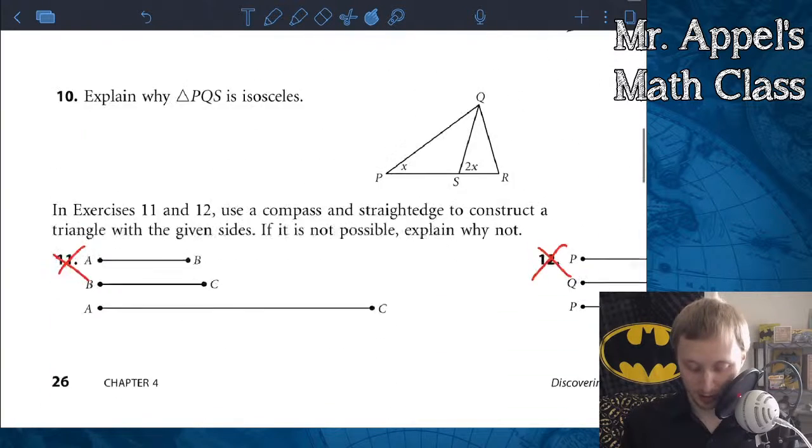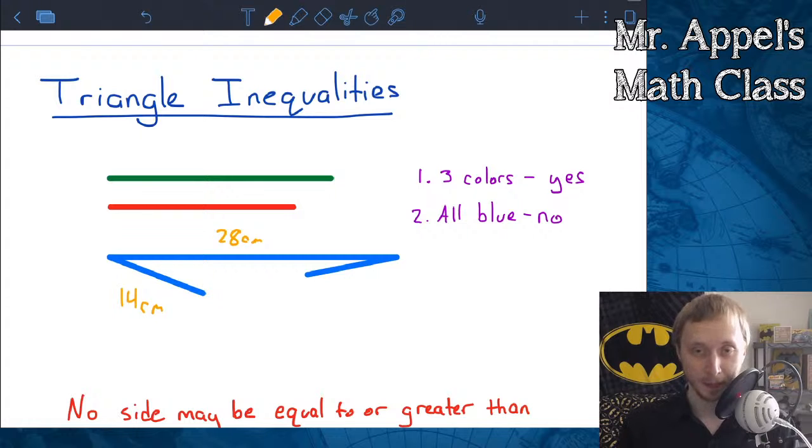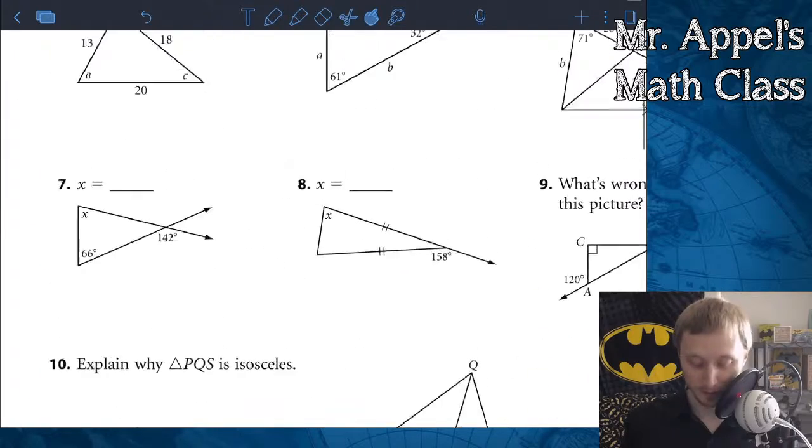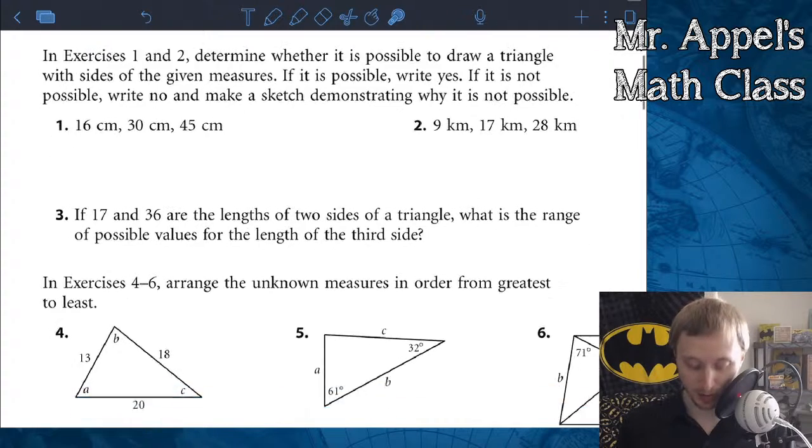Your demonstration sketch is probably going to look like these blue guys here, okay? So draw something like this, except label each one, like, this is the 14 centimeter, and this is the 28 centimeter, right? That's your sketch, to show that there's too big of a gap between these ends for it to fit. Okay? And you're just testing, can any two of these be combined, or is any one of them bigger than the sum of the other two? You gotta check each combination there.